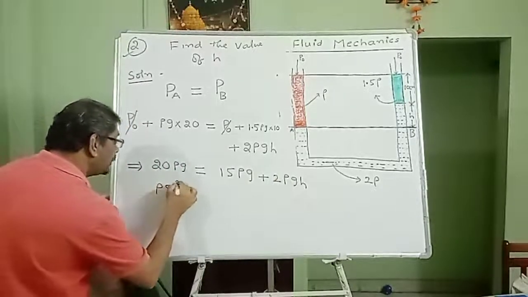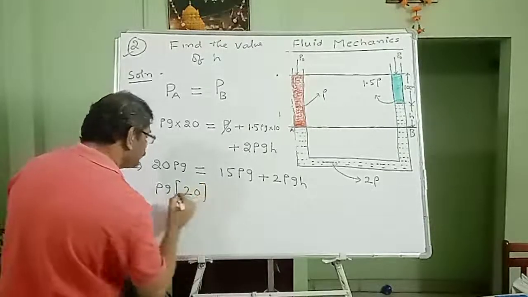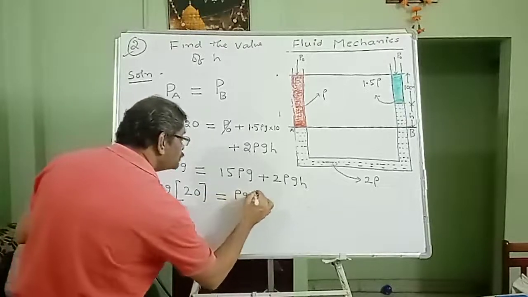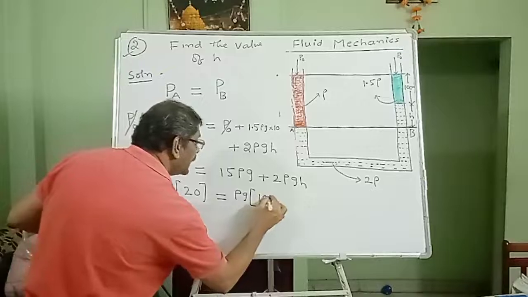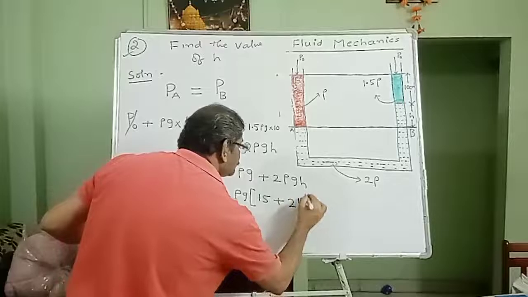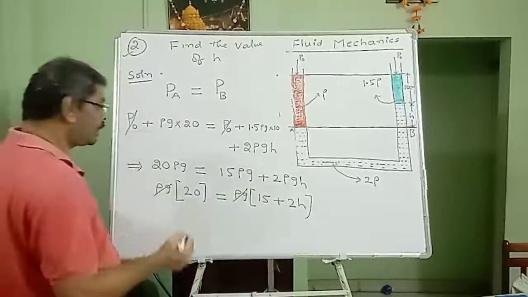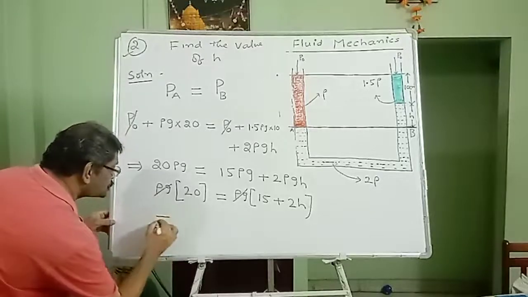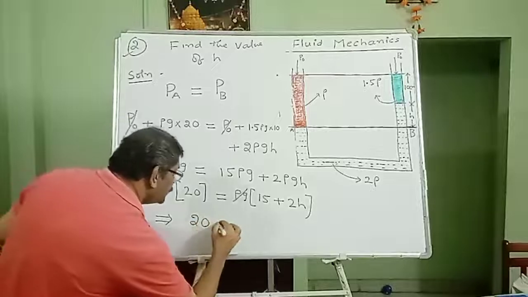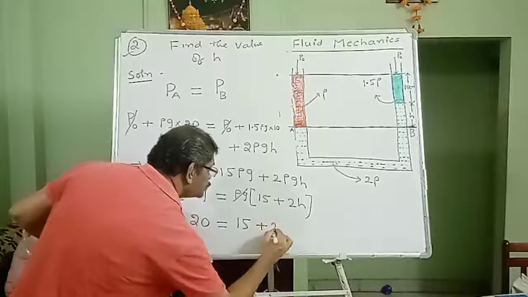So I get 20 in the bracket will be equal to rho G common, 15 plus 2H. Therefore rho G and rho G get cancelled. So 20 will be numerically equal to 15 plus 2H.